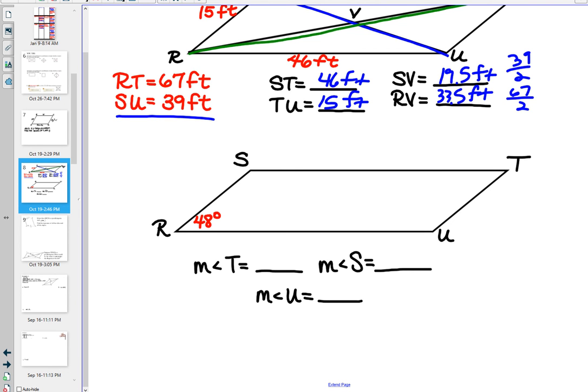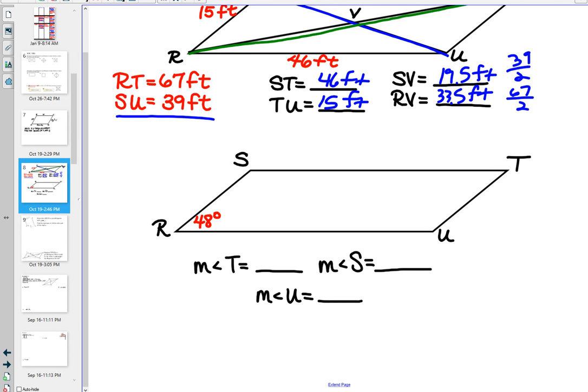Say it more generally. I gave you notes. Where are your notes? Opposite angles congruent. There you go. At least one person's reading straight from the notes. Opposite angles are congruent.